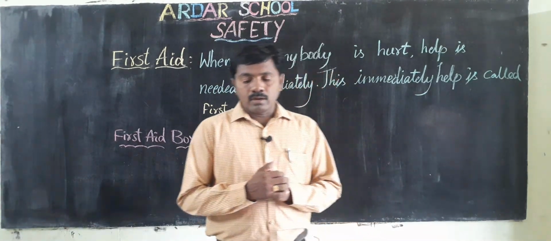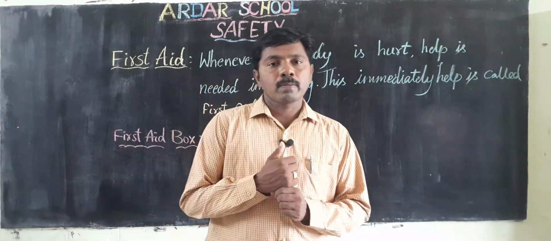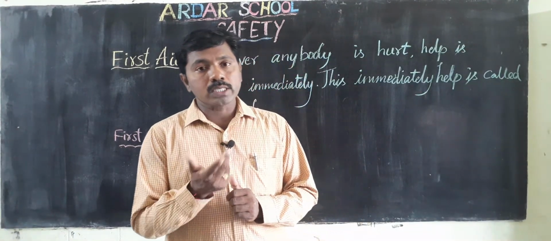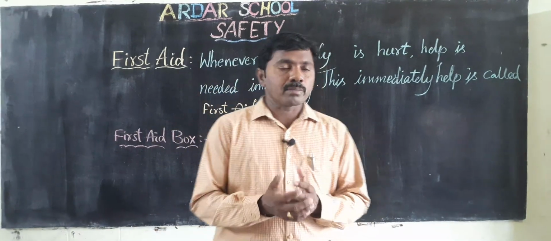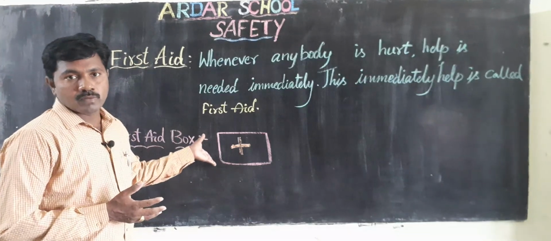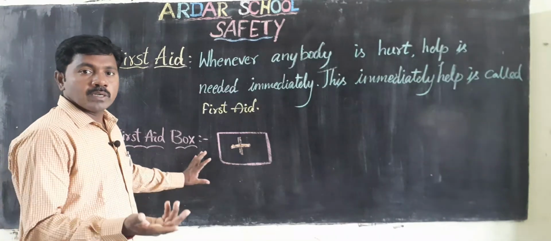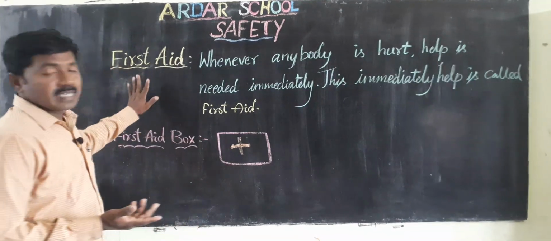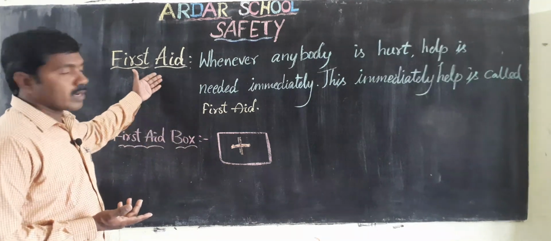Next, emergency phone numbers, a small soap, cotton, iodine. These are the equipment kept in the first aid box. With the help of this box, we can do first aid.